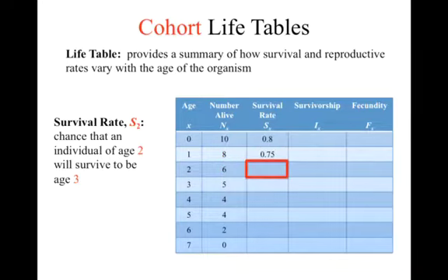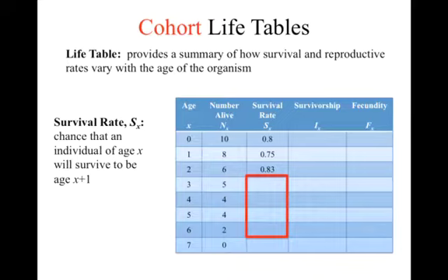Do this one more time. If I'm interested in my S2 survival rate, that's the probability that an individual age 2 will survive to be age 3. So again, I had 6 individuals that were age 2 and only 5 of them made it to age 3. And so my survival rate for age 2 plants was 5 over 6, or 0.83.